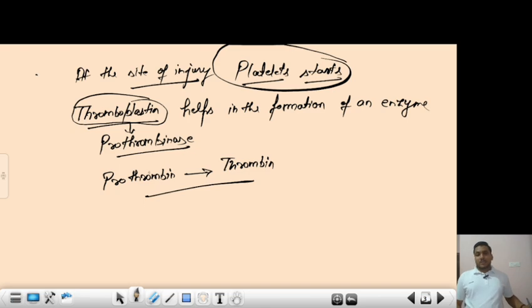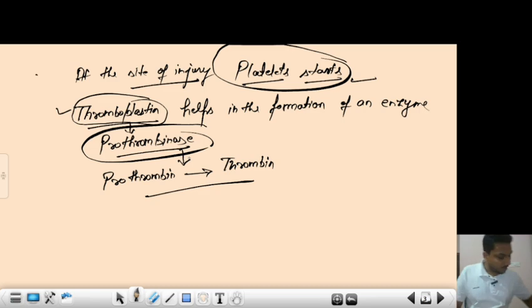So by now you understand that there is an important substance, that is thromboplastin, which is formed by the injured platelets, which helps in the formation of prothrombinase, and the function of prothrombinase is to convert the prothrombin into the thrombin.